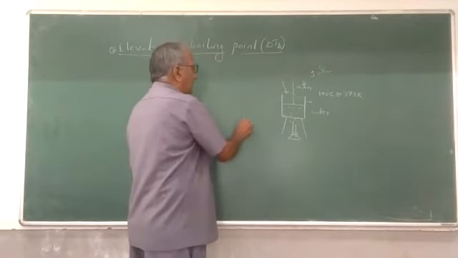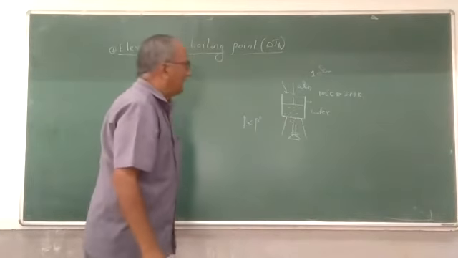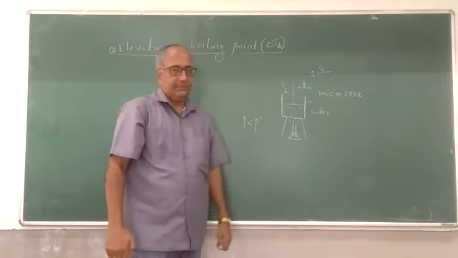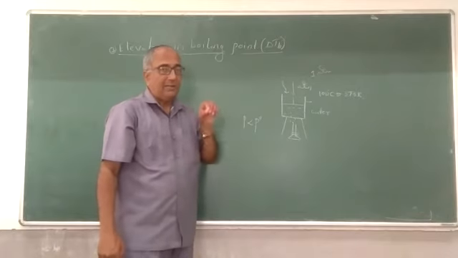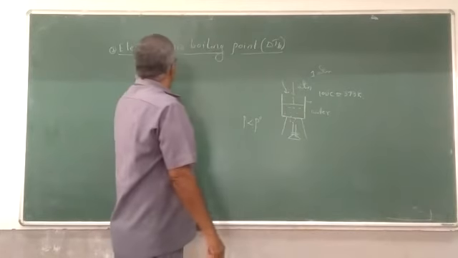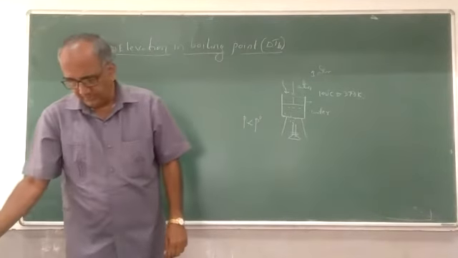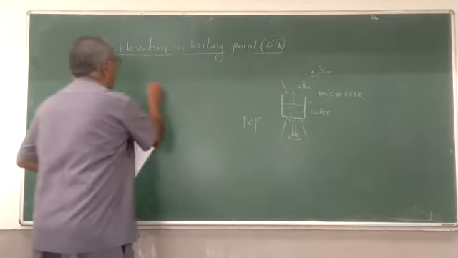Therefore, as you know, the vapor pressure of the solution is less than the vapor pressure of the solvent, so the increase in the boiling point of the solvent by addition of a non-volatile solute is called elevation in boiling point.